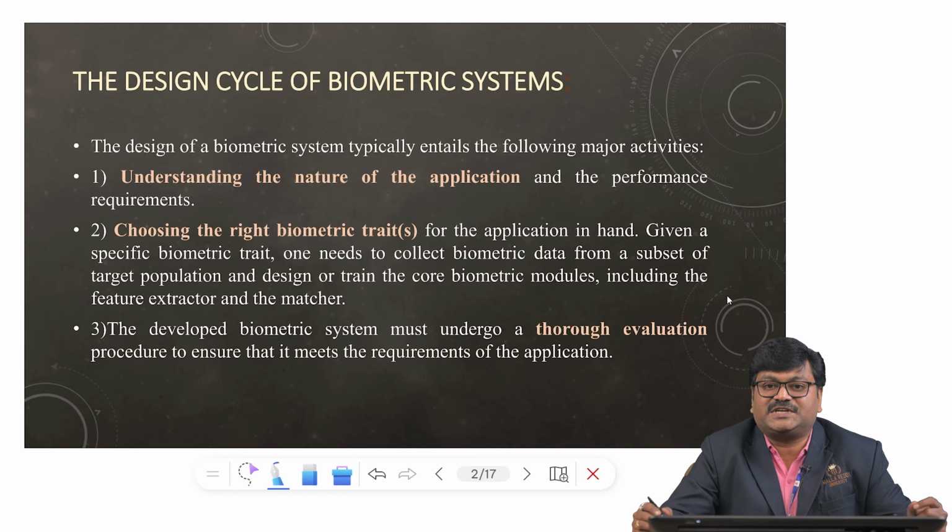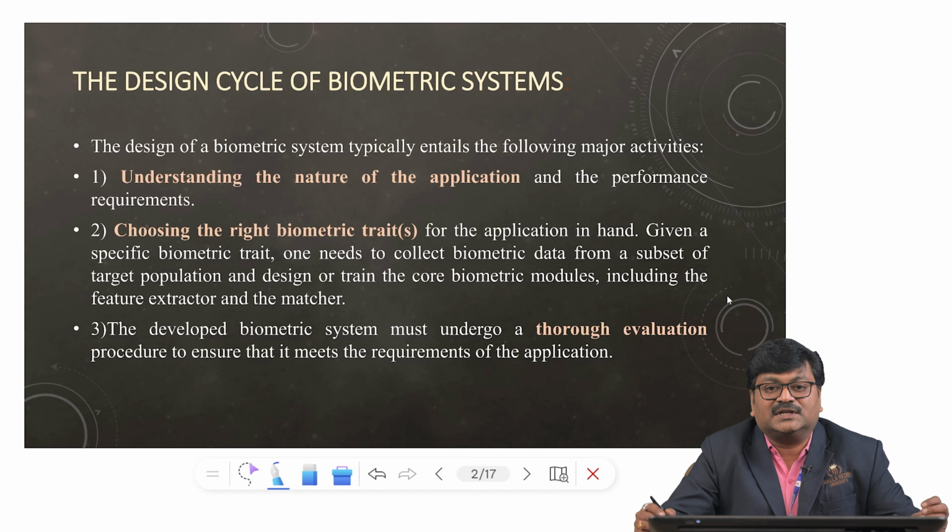For example, if my application is related to the accountability of an employee, then the physiological trait helps me to hold him accountable, such as taking his face impression or his fingerprint impression. So we can choose any one of the traits. Depending on the application itself, we need to choose the trait. So the second most important thing is choosing the biometric trait based on the application.